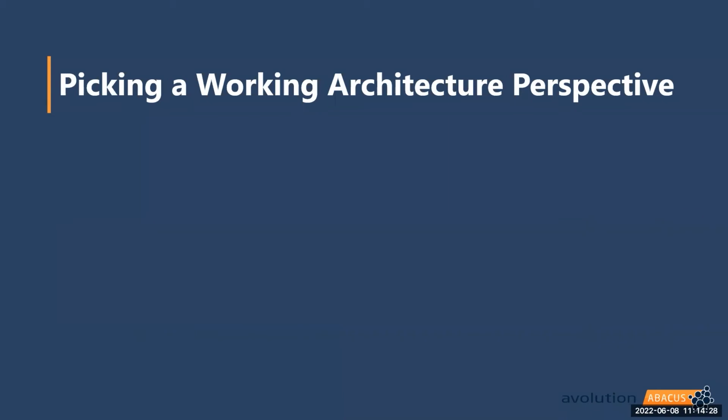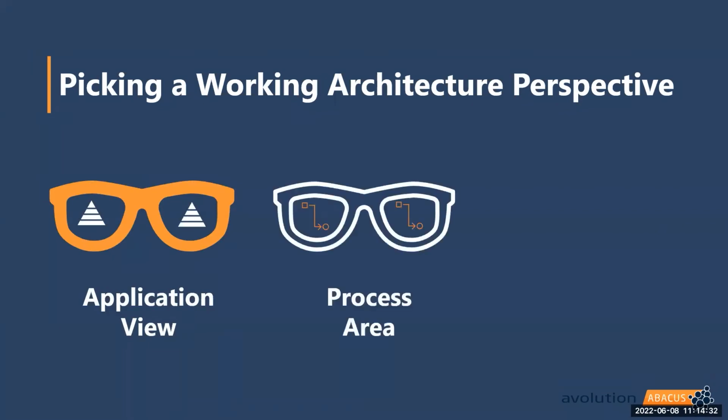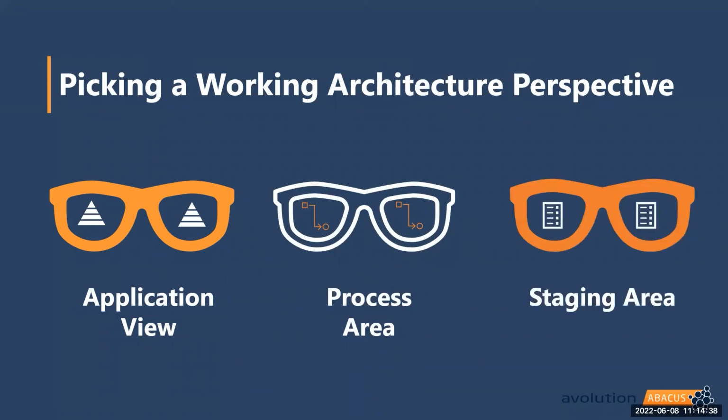And that could be from a particular domain, such as an application view or process area, or even technology. Or it could be that you just want a separate staging area in your project that allows you to add another layer of security to review any updates before moving them into the live architecture that could be viewed by your wider organization.